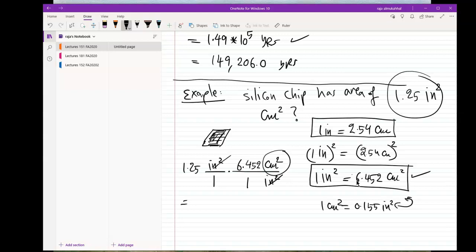So I'm going to use my calculator now. You go 1.25 times 6.452, and the answer is 8.06 centimeter squared. There we go. That's the area. You got it, guys?